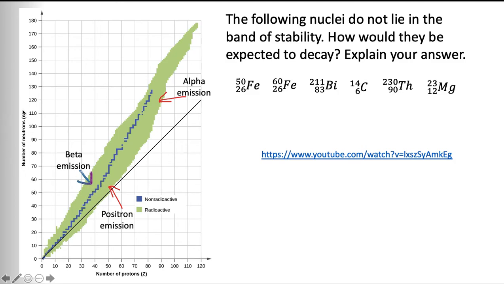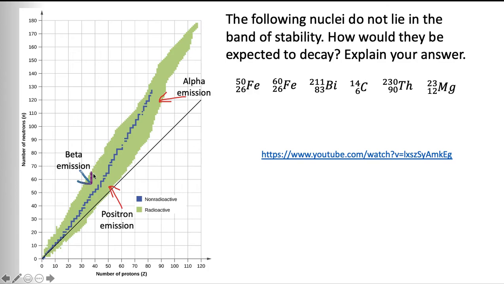They need to reduce the number of neutrons and increase the number of protons. The only way to do that is by beta emission, beta decay. We said when a nucleus undergoes beta decay, it converts a neutron into a proton, and therefore it increases the Z number, the atomic number.